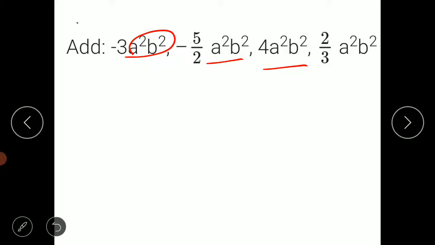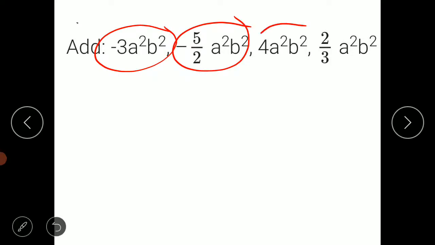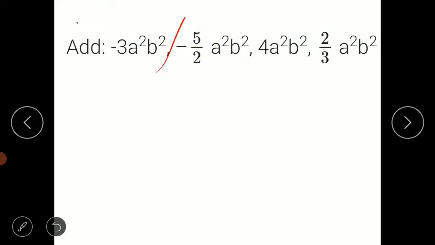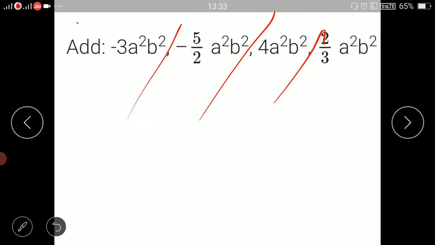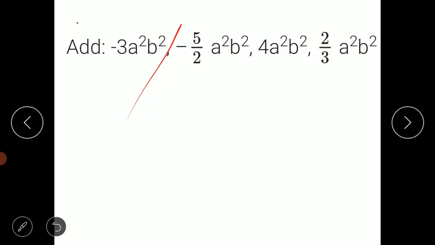Each expression has only one term, monomial. Let's recall what we learned in earlier classes. This is one expression, second expression, third expression. Each expression has only one term, so each is called a monomial expression.